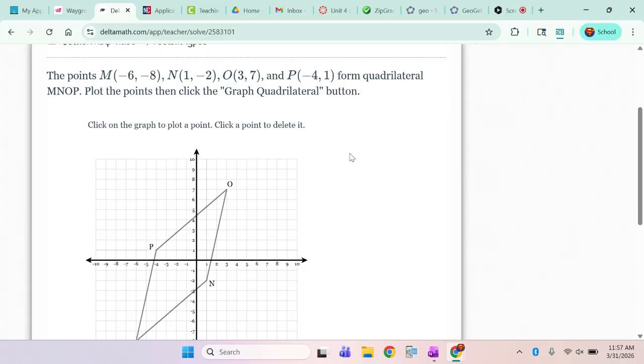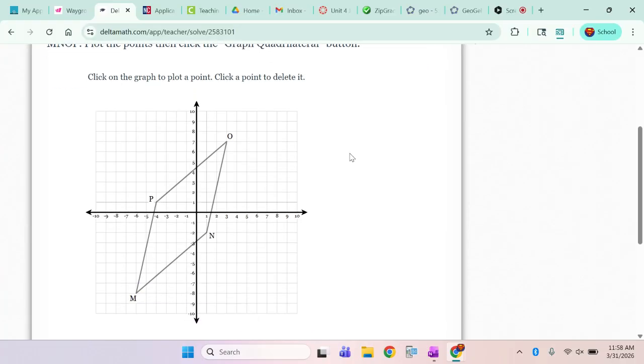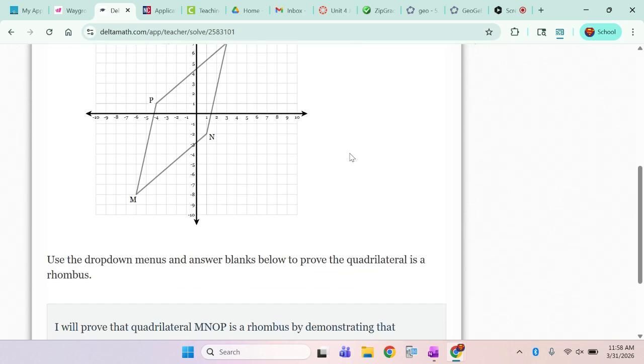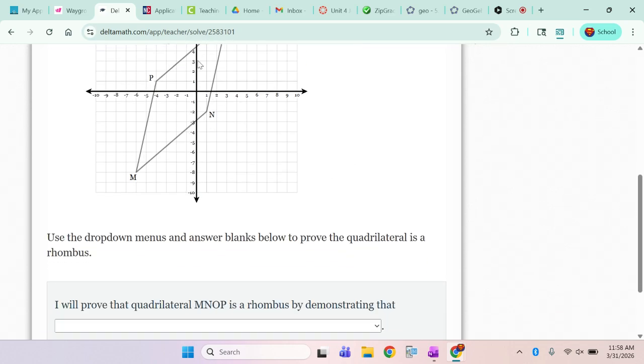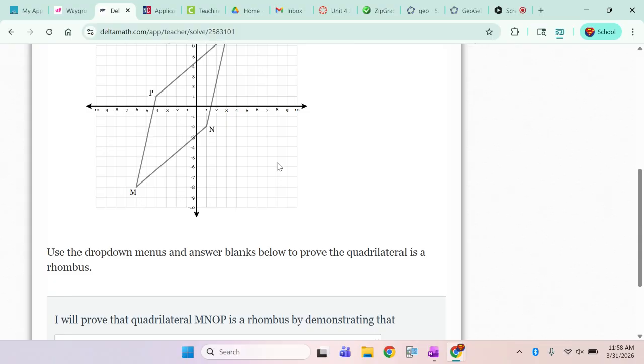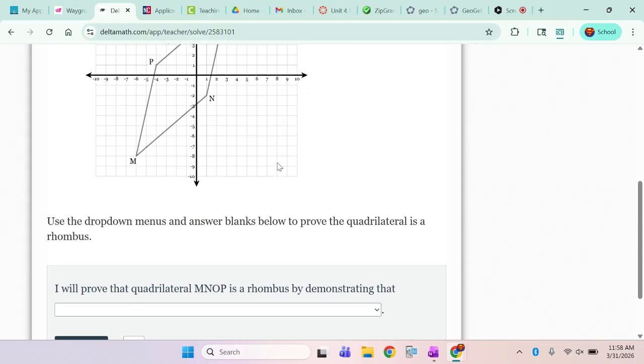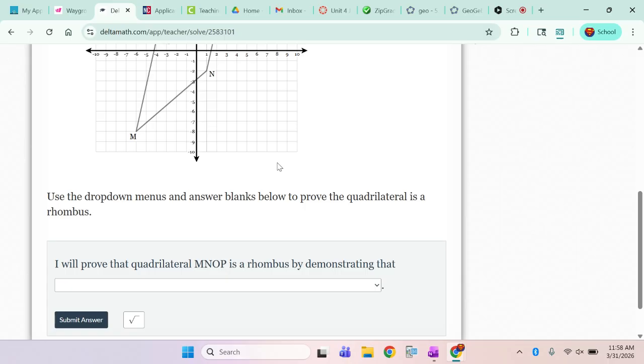Now, this is not necessarily a proof, but you still have to reason your way through it a little bit. They want us to show that this quadrilateral is a rhombus. What do we know about rhombuses? What's true about a rhombus? Technically, a square is a rhombus.